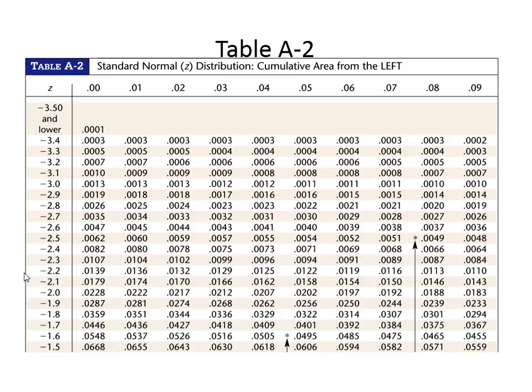So, for example, if I want to look at 3.2 across the side, with that hundredths place here, we can find it in the table.